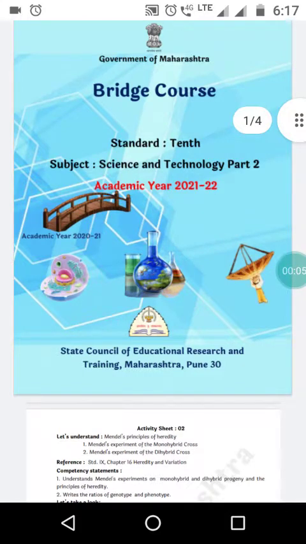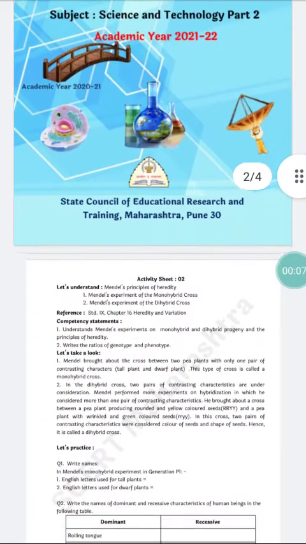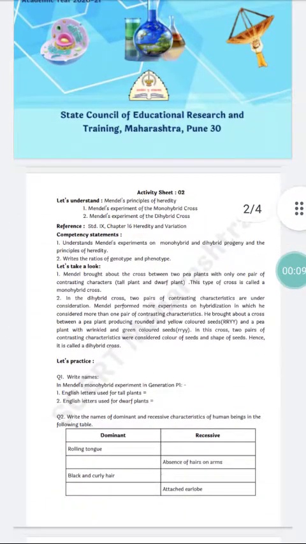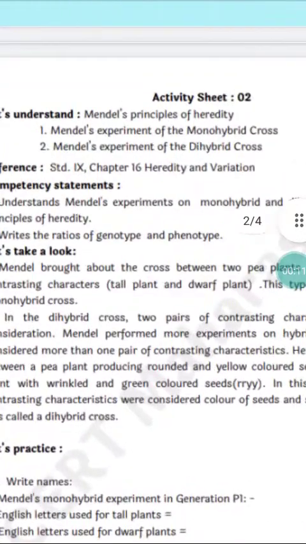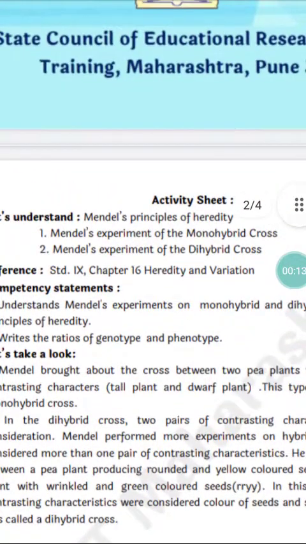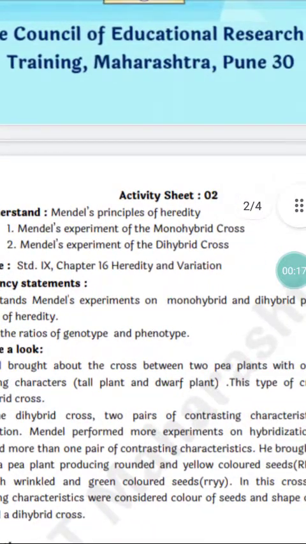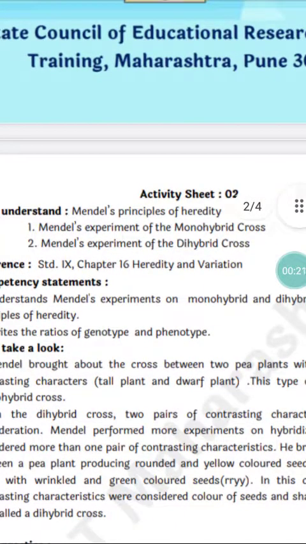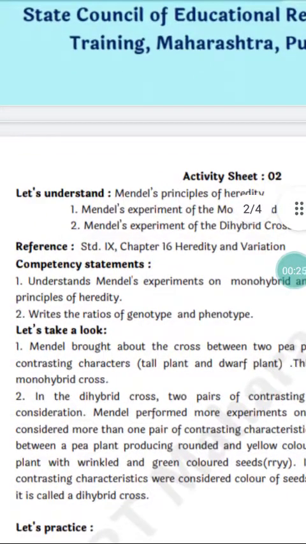Today we will see activity sheet number 2. In this activity sheet, we have to study Mendel's principles of heredity: Mendel's experiment of the monohybrid cross and Mendel's experiment of the dihybrid cross. For this, you have to refer to Standard 9, Chapter 16, Heredity and Variation.